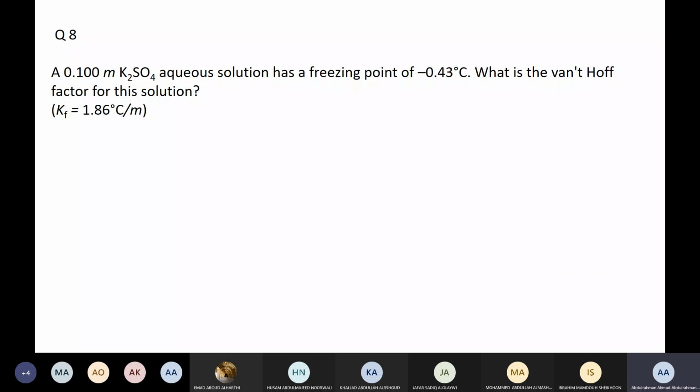Okay, a 0.100 molar K2SO4 aqueous solution has a freezing point of minus 0.43 degrees C. What's the van 't Hoff factor for this solution? What's the equation that I'm going to use? Delta T f equals i Kf times molality.